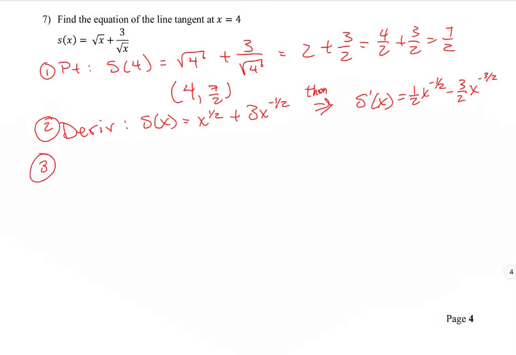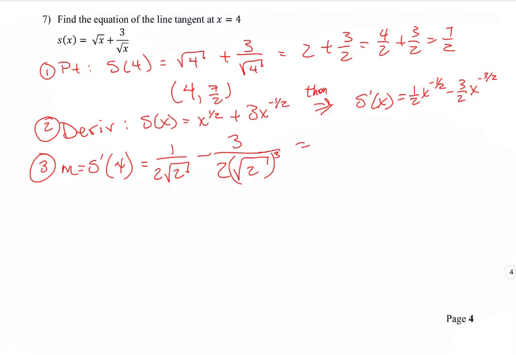So now I need to find my slope, which is s prime of 4. So that is 1 over 2 times the square root of 2 minus 3 over 2, the square root of 2 cubed.